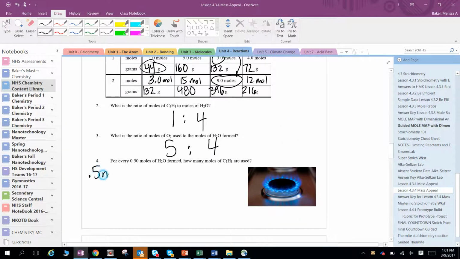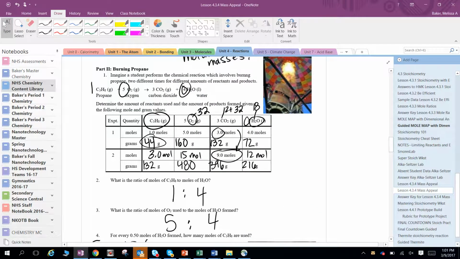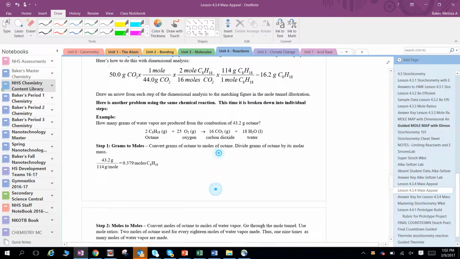For every 0.5 moles of H2O that form, how many moles of C3H8 are used? Well, let's use the equation to help us. For every 4 moles of H2O, you only need 1 mole of C3H8.